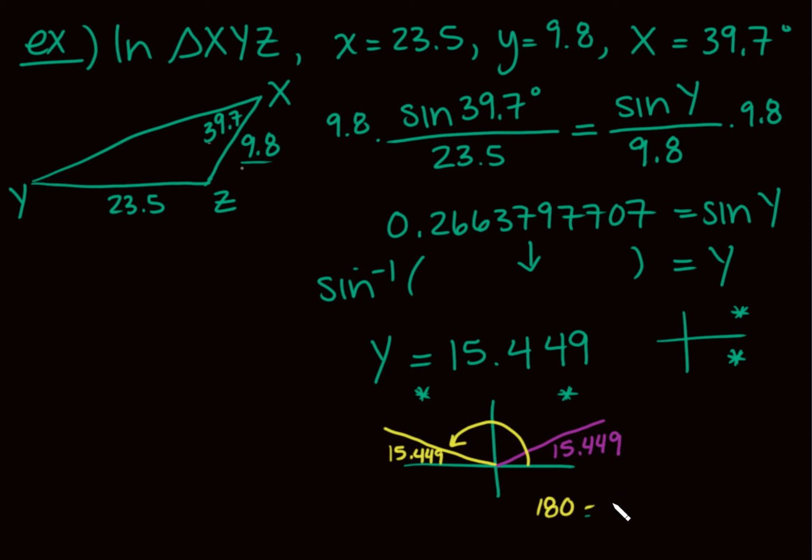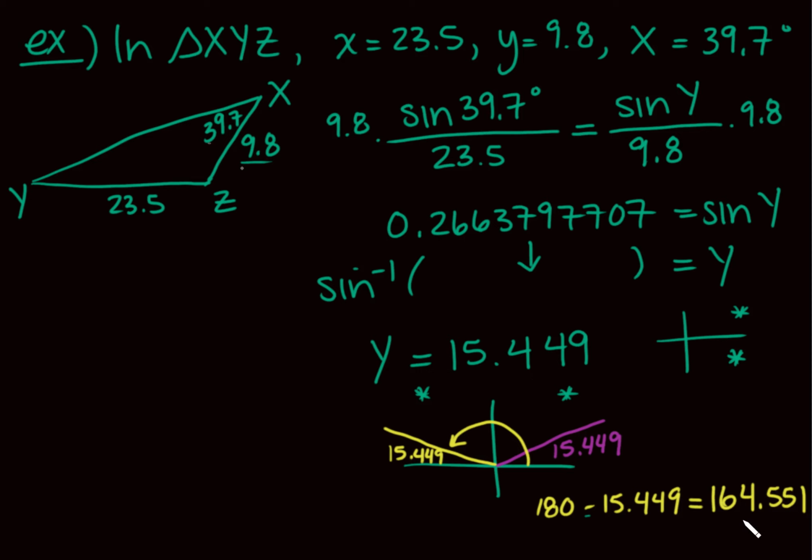So I take 180 minus 15.449. I said that wrong, didn't I? You'll forgive me. And I have this other possibility for y: 164.551. And I need to check. Now, I told you this was only going to have one solution, but I now have two possible angles.